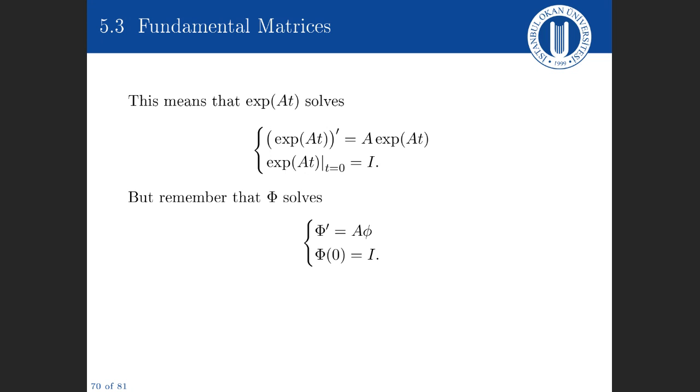But wait a minute, the special fundamental matrix also solves this. It also solves capital psi prime is equal to A capital psi. There's a typo here. This should be capital psi. And it solves capital psi of 0 is equal to the identity matrix. Because solutions of these initial value problems are unique, we must have that these two functions are the same.